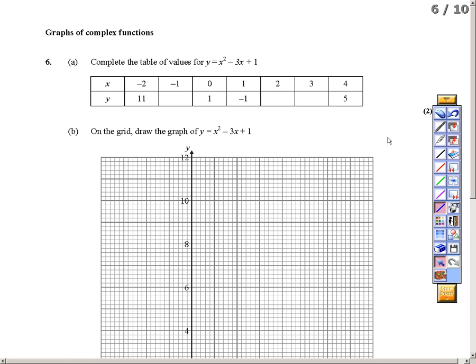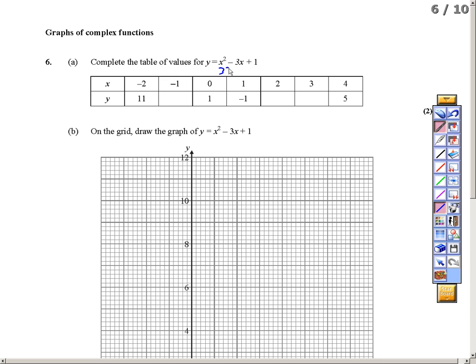So if we take 4, then 4 squared minus 3 times 4 plus 1, and 4 squared is 4 times 4, which is 16, minus 12 plus 1. 16 take away 12 is 4, plus 1 is 5, and that's correct, so at least we know what we're doing. So I'll erase that and try the next one, which is 3.